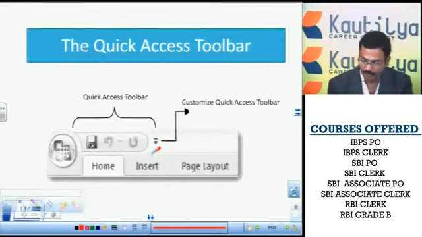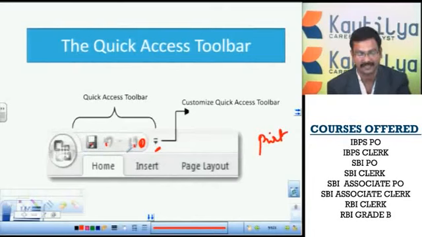So if I want to place a print button, I select it from the list, a print can be selected, and it is added here as a print button. Initially it had 1, 2, 3 buttons, and now it becomes 4 buttons in the quick access toolbar. So whatever you want, the things can be included or excluded here, which is why we call it customization.